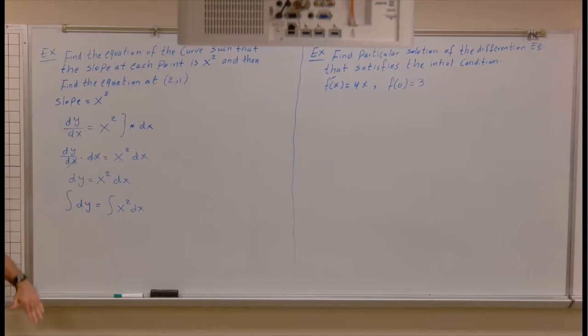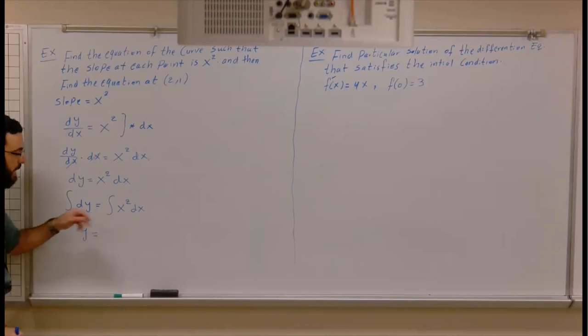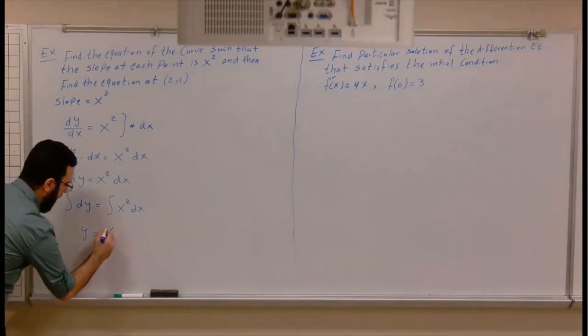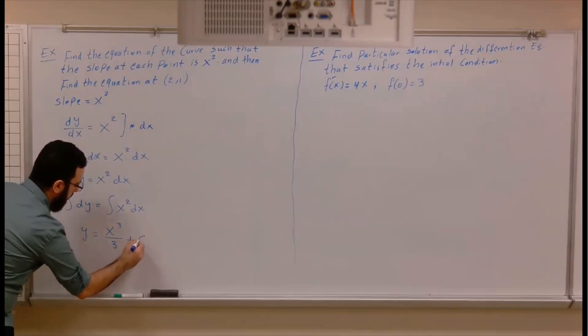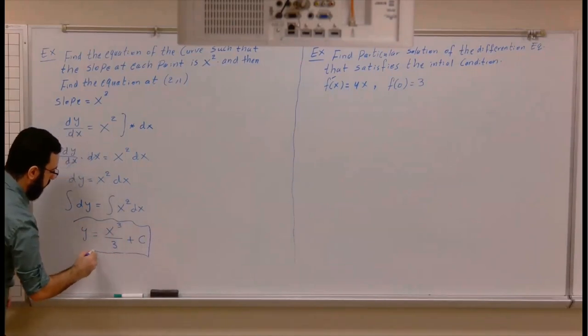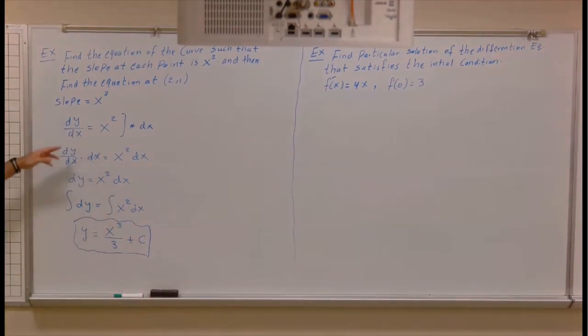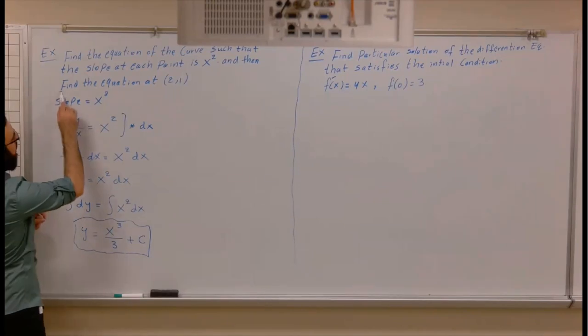It's going to be y, because if I take the integral, which is the antiderivative, it goes back to the original function, y. The integral of x squared is x cubed over 3, because you add 1 to the exponent and divide by 1 plus 2, plus c. So this is the general equation for this slope.